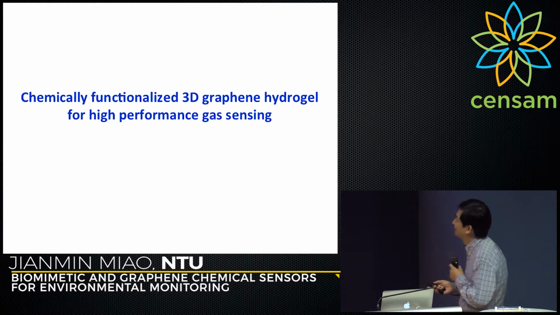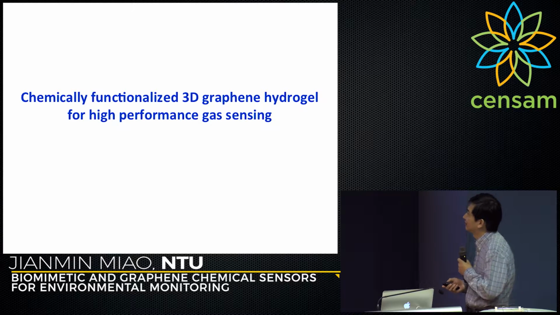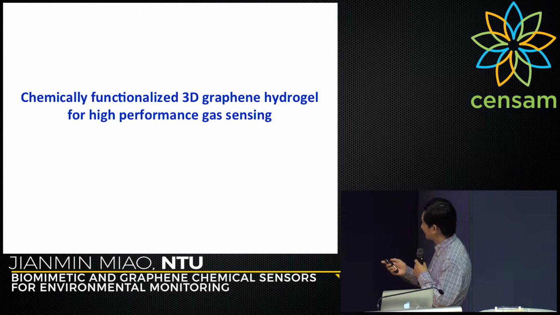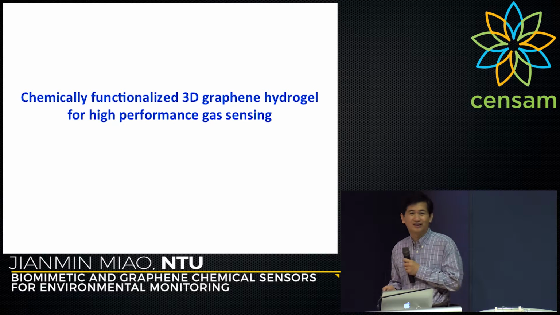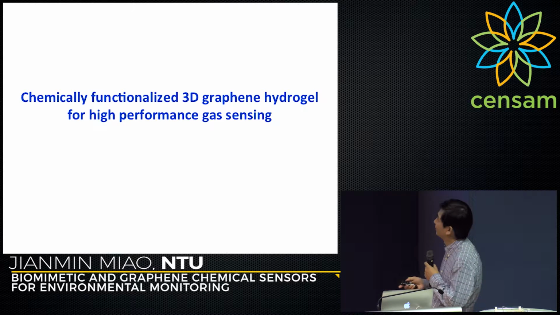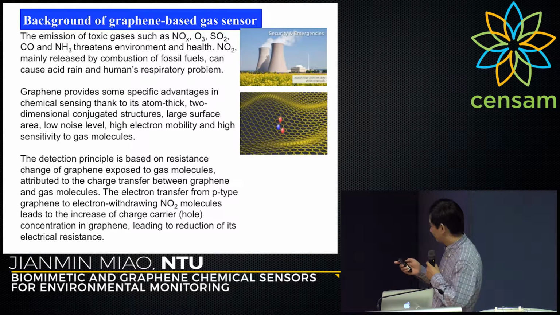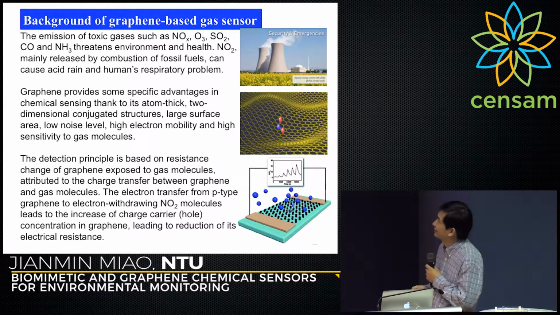Anyway, the second sensor I'm going to present is the chemically functionalized 3D graphene hydrogel for high performance gas sensing. Graphene is a very hot material being researched, and we try to use this graphene material for gas sensing because of the special properties of graphene itself.